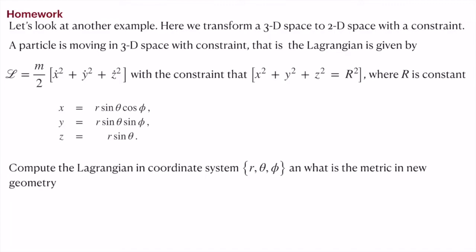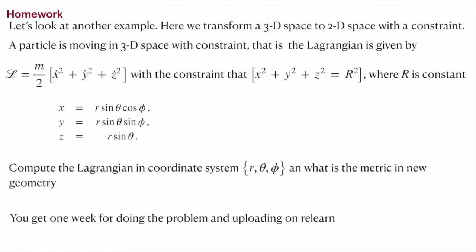Theta and phi, our degrees of freedom, remain, and once you get the Lagrangian, which also represents the metric in the new coordinate system, you have 1 week to solve this problem and upload it on VLearn. Please do the details. So this is how we treat surfaces and reduction of dimensionality using constraints, both in Lagrangian mechanics as well as in geometry.